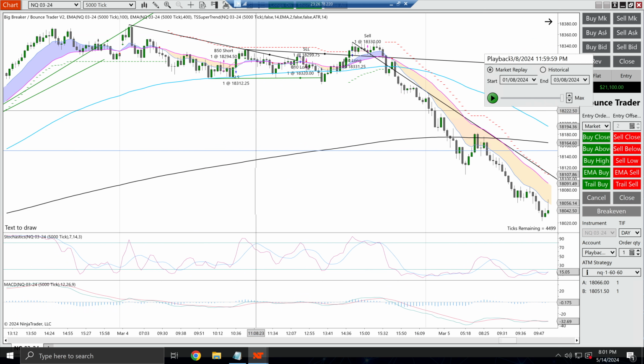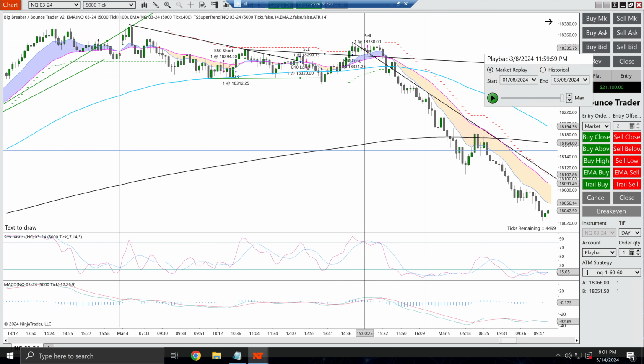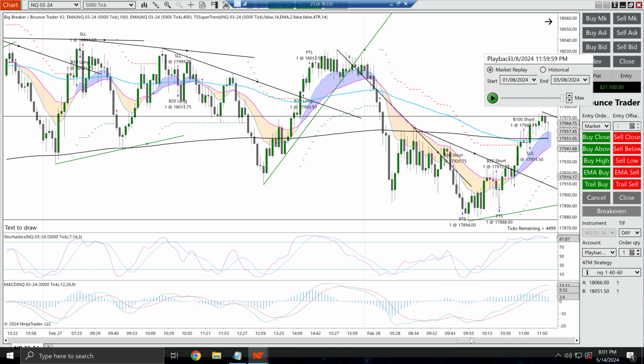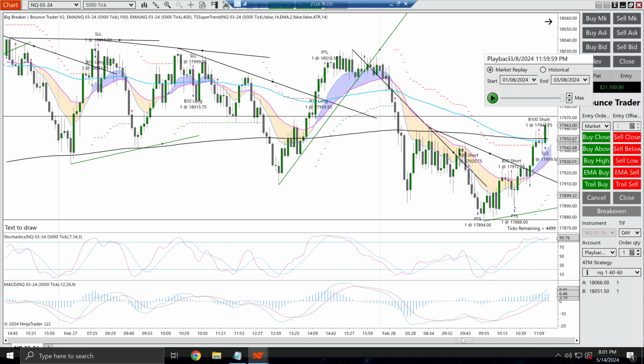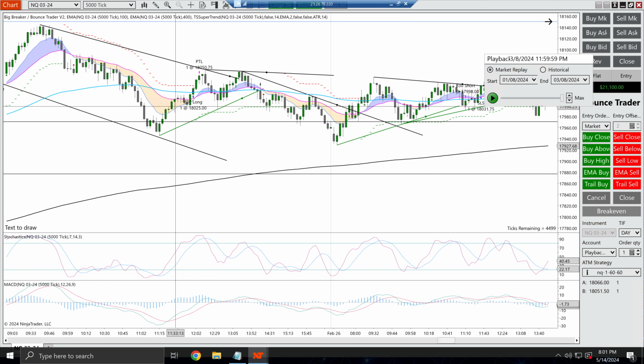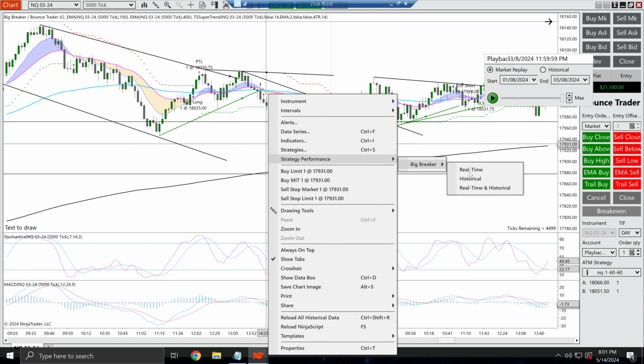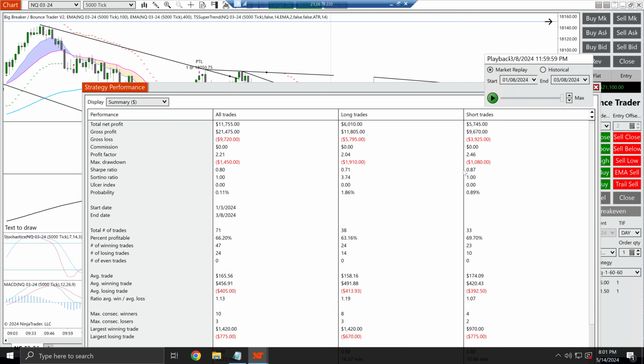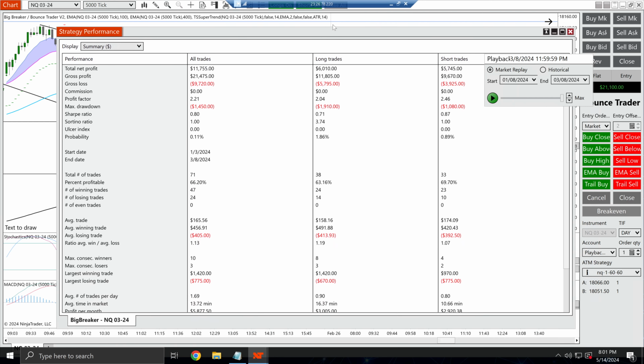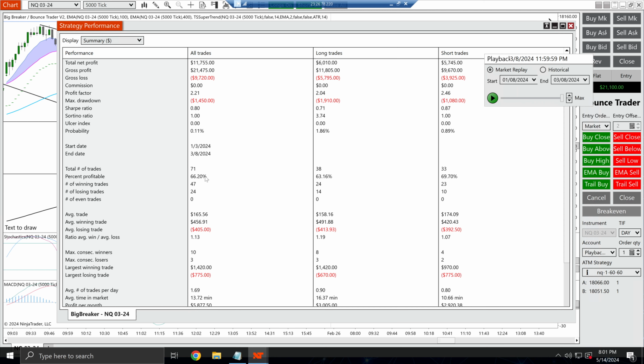Let's see. So there was a loser here. Anyways, I was going to show you that yeah, it trades all these trades. This was B20. So let's look at stats. So this was 71 trades, 66% profitable, and 11 grand.